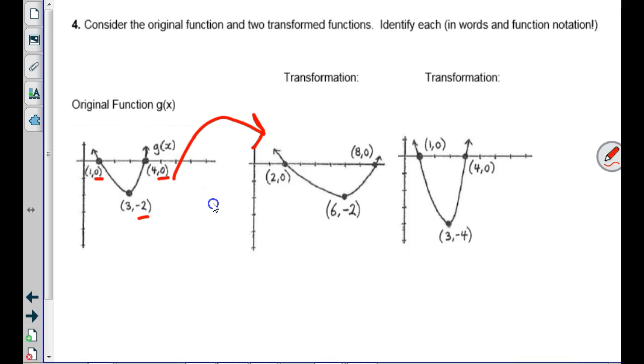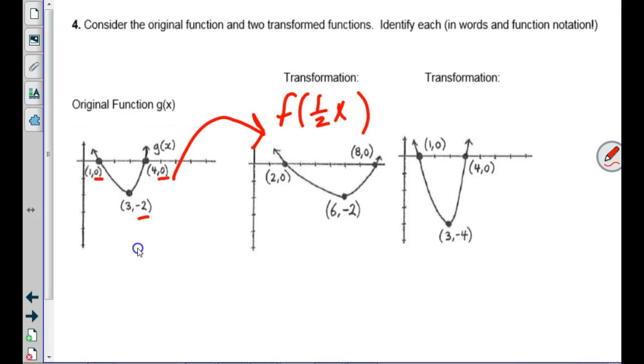Inside, okay? It happened inside because it changed x's. So I have f of something going on inside, okay? The x's all got what? Stretched twice as big. It's something with 2, yes. But inside is the opposite of what it seems, so it's actually 1/2 x. Because remember, that would make it a stretch.